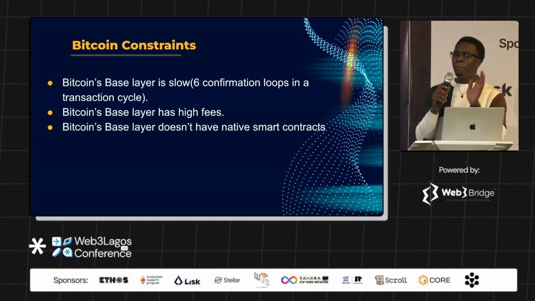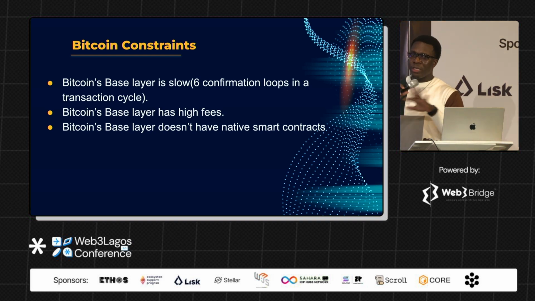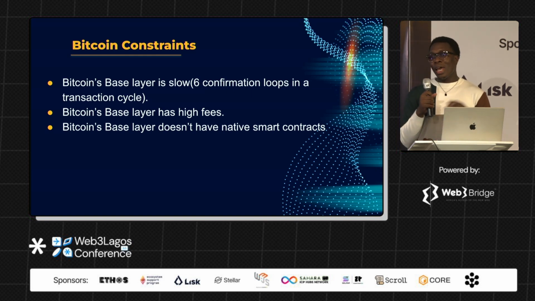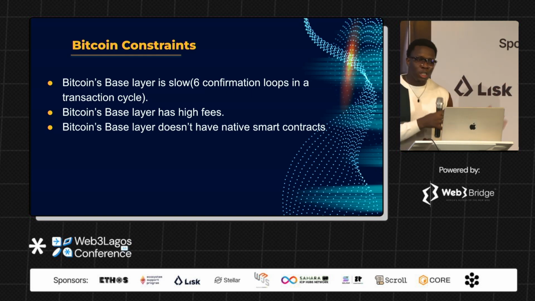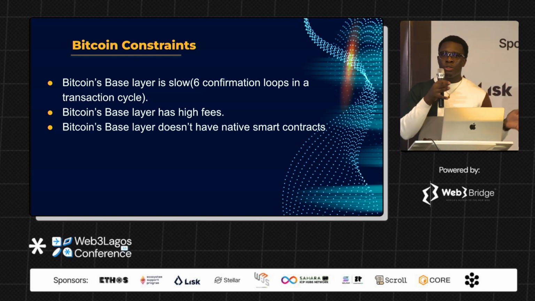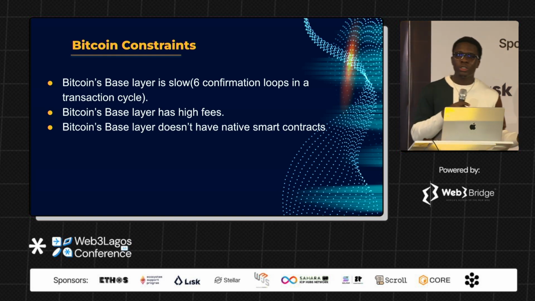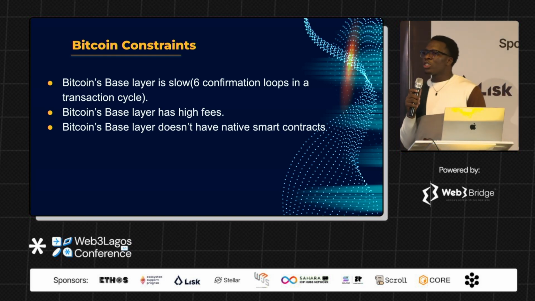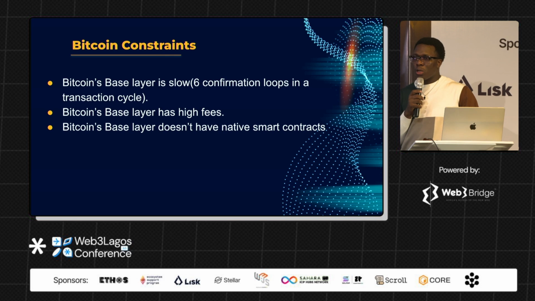And the Bitcoin layer does not have native smart contracts integrated, unlike Ethereum, where you have the Ethereum virtual machine, which you can use to compile your smart contracts, bytecode, and so on. Yes, there are some solutions that have been built on Bitcoin. You have the Lightning Network, you have Core, and some others.